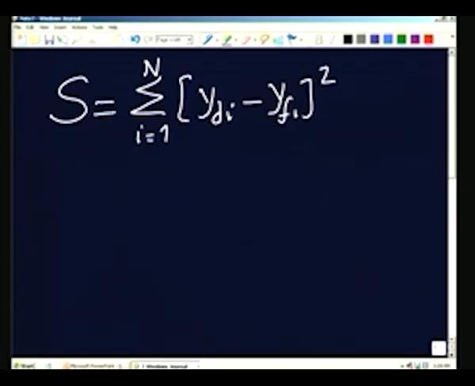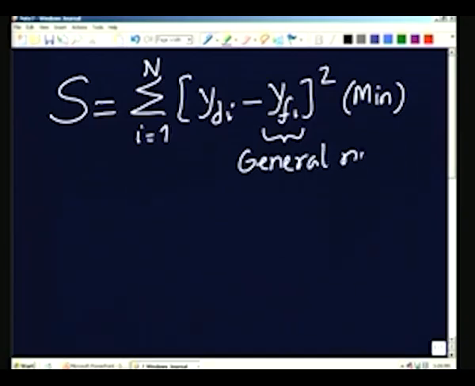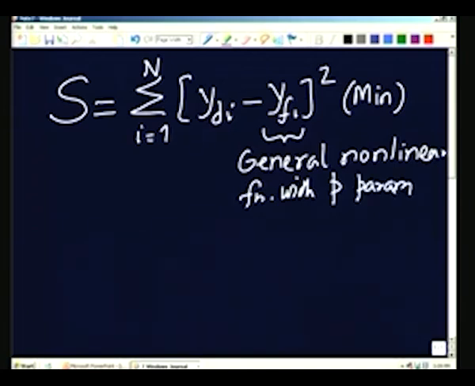So, we want to minimize this, and this is a general nonlinear function with p parameters. Here p may be 2, 3, 4, whatever the number.